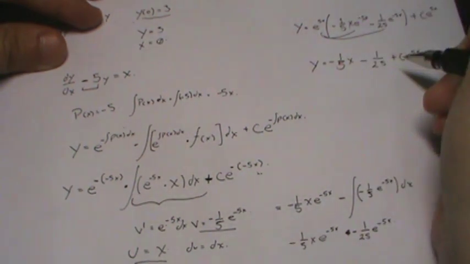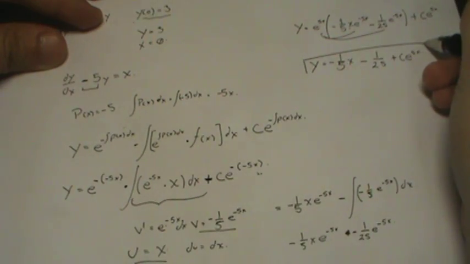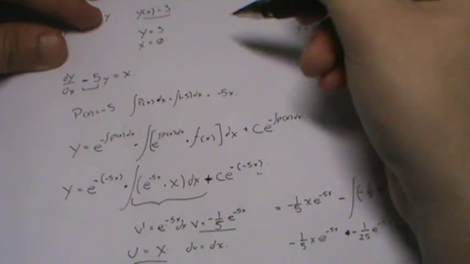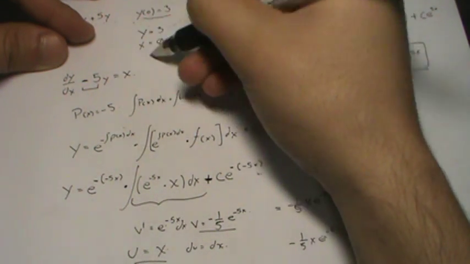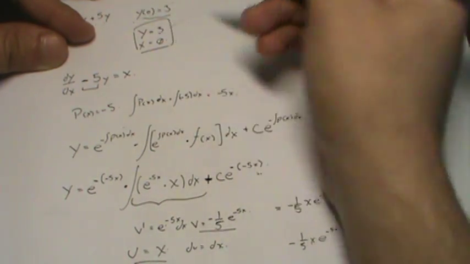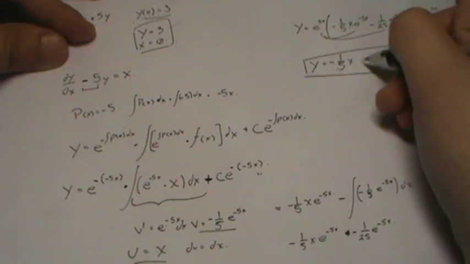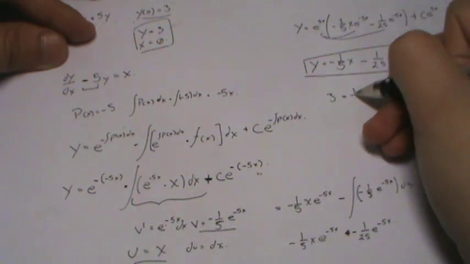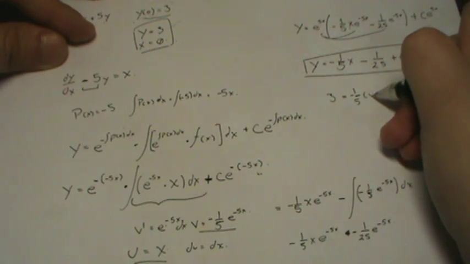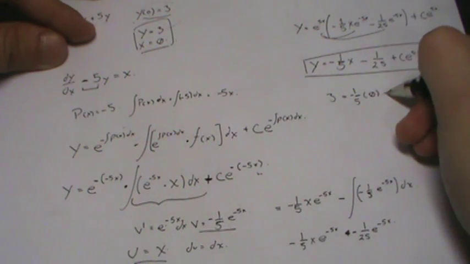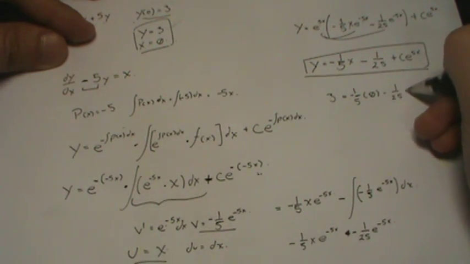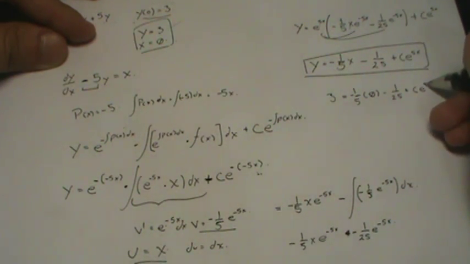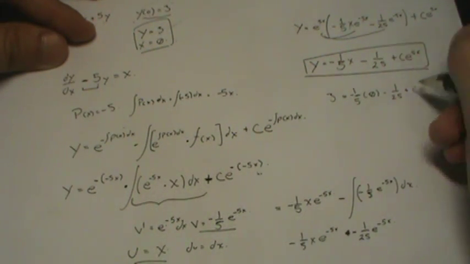Oh wait, okay, so we have this, and this is our initial value problem. So y is equal to 3 and x is equal to 0. So we plug that in: 3 equals minus 1/5 times 0 minus 1/25 plus c e to the 5 times 0. So this is e to the 0, so it's just equal to 1.